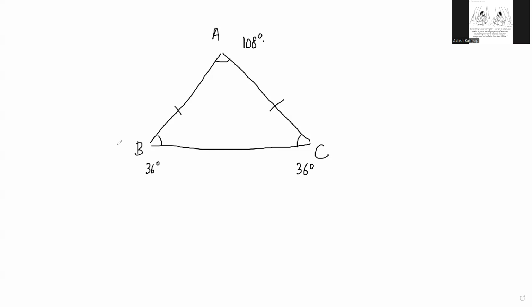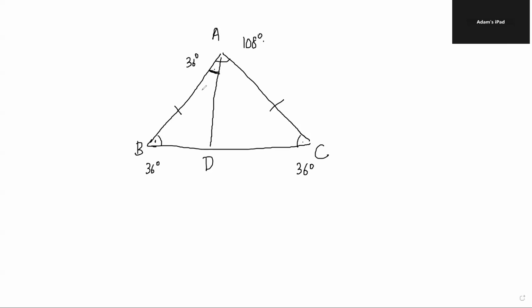So, okay. What you can do is try to take advantage of this 36 and 36 and make another line from here which meets it somewhere here and make sure that this angle is 36. Because if you do that, then you have 36, 36 here, right?